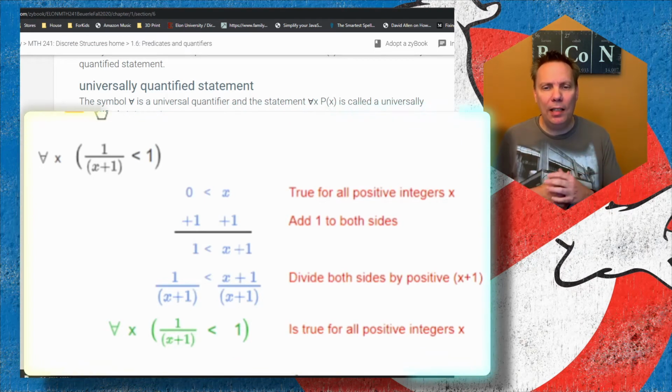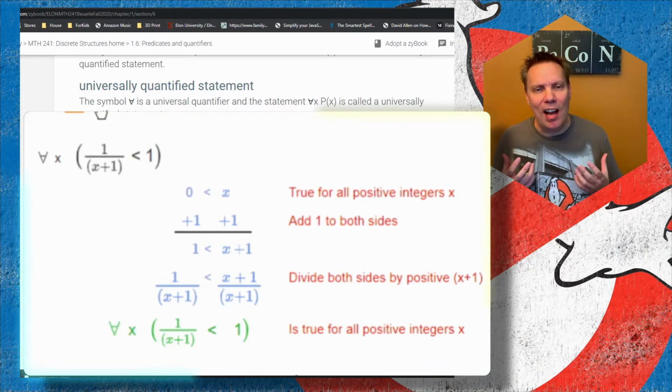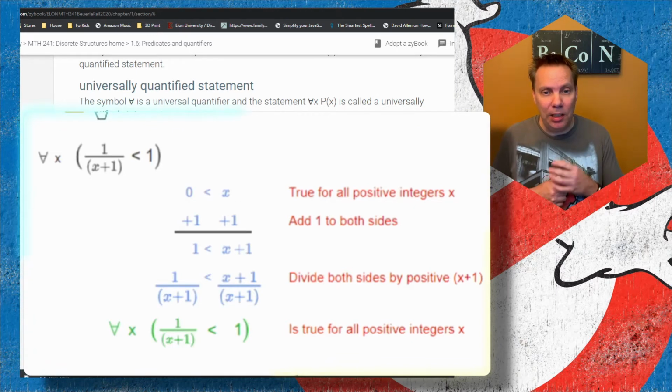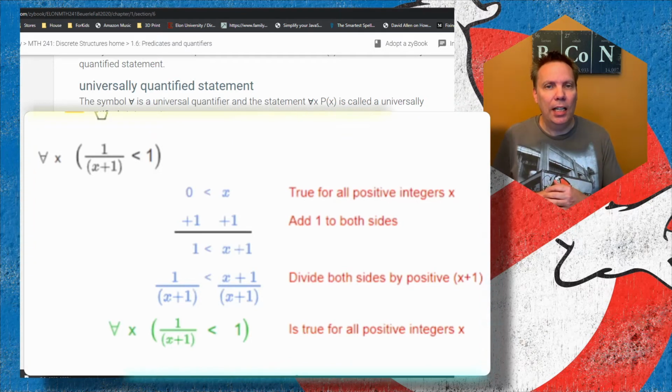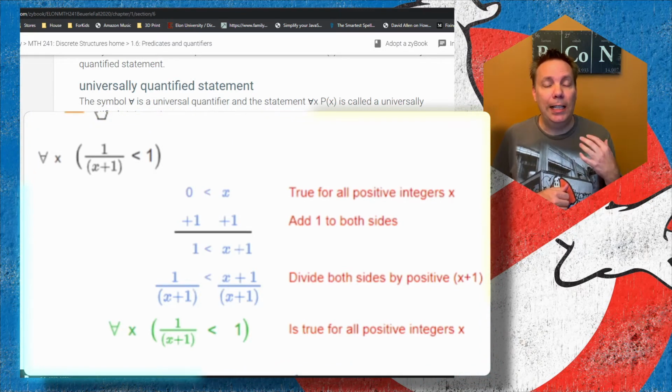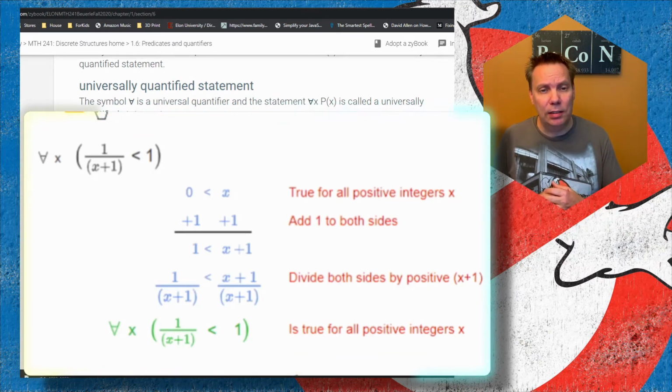Now, why am I allowed to divide? Well, x plus 1 I know is not negative. In fact, it is positive because x plus 1 is bigger than 1. Remember, you need to take that into account when dividing. Dividing by negative numbers changes the inequality. It reverses it. So be really, really careful about this.